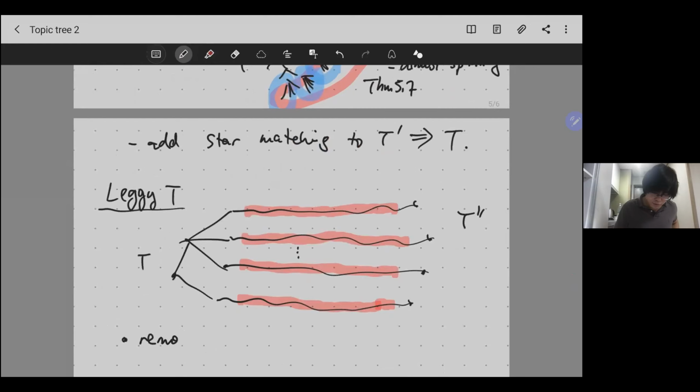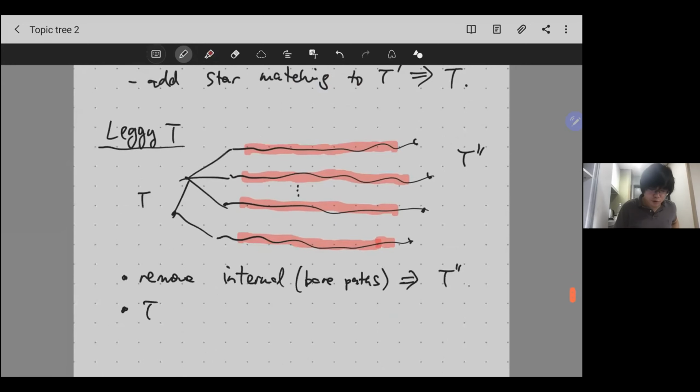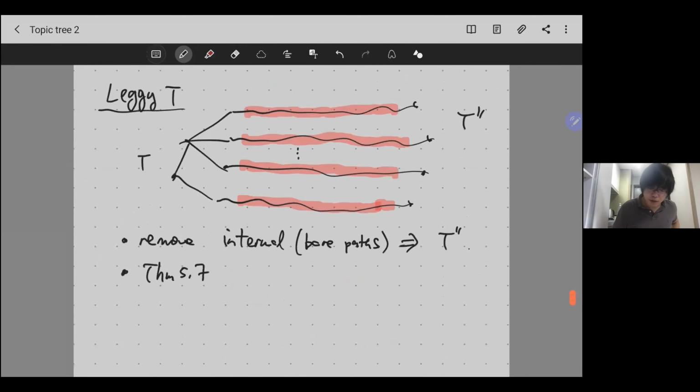You remove the internal vertices of all these bare paths to get T double prime. Then as usual, we use 5.7 to embed this almost spanning partial tree, T double prime. This is immediate, you just apply it.